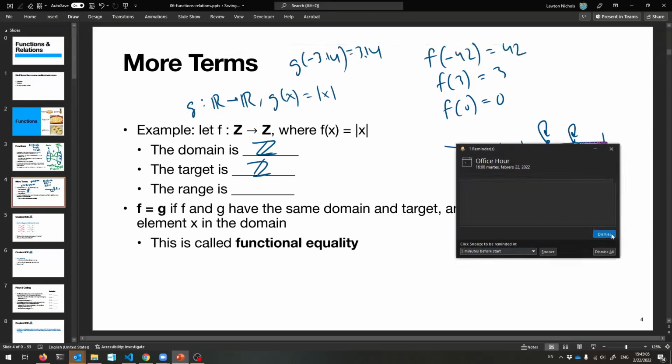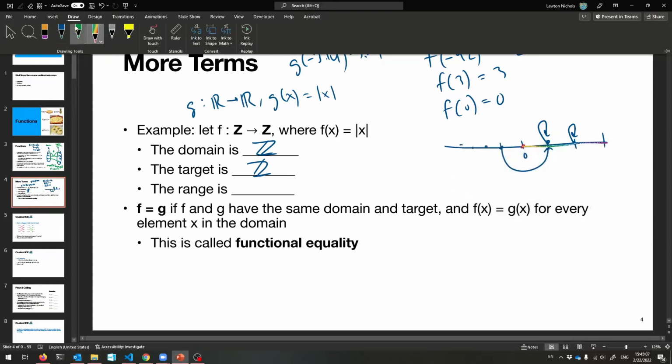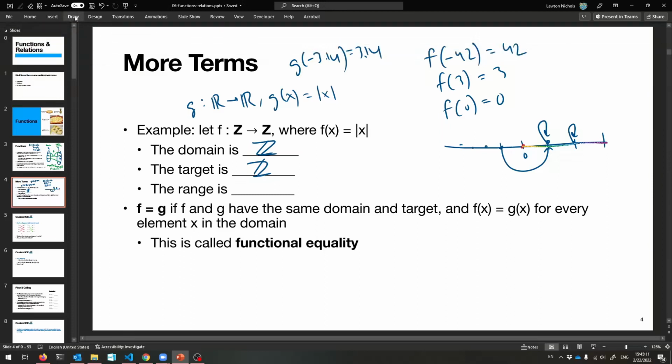So everybody who's being hit is on the right side of that number line, which means that the range is not Z again, because it's skipping all the negative numbers. The range is all the numbers 0 onward, the integers from 0 onward, which are the natural numbers. 0, 1, 2, on and on and on. Isn't that cute? So yeah, the range of this function is just the natural numbers. I hope that makes sense.